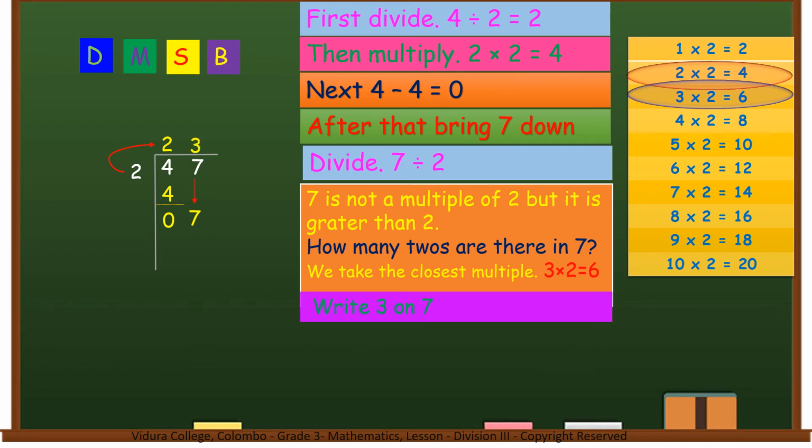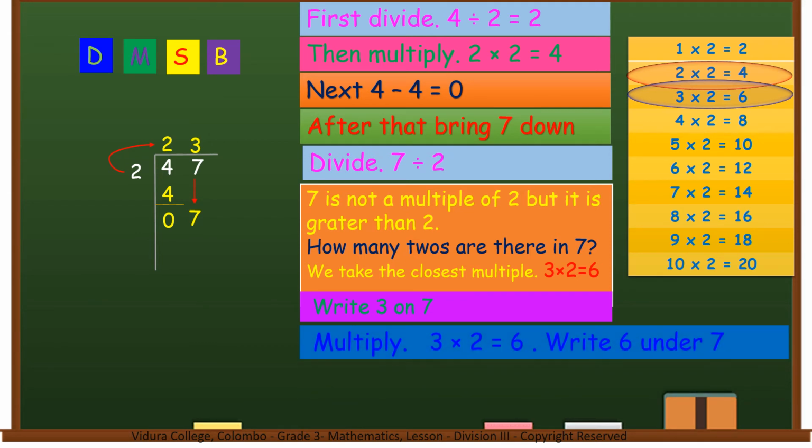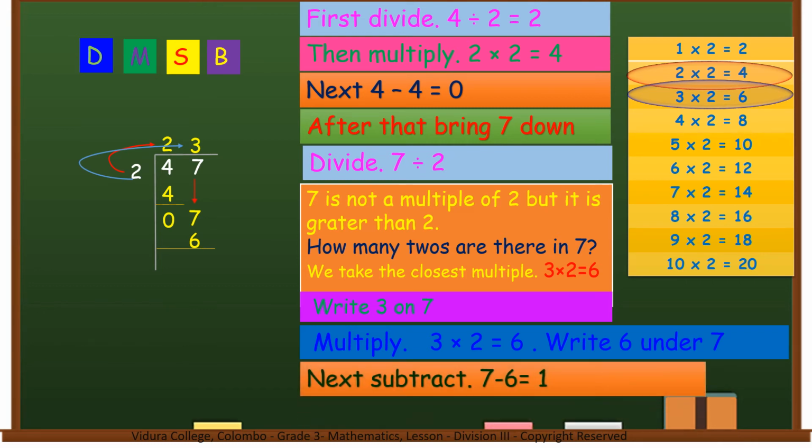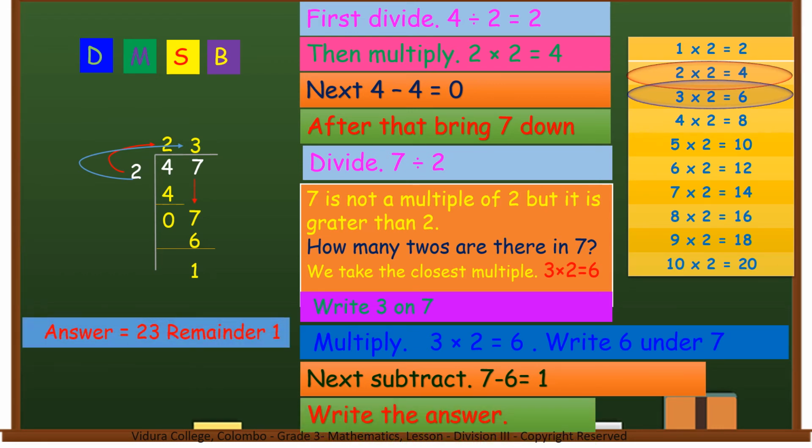Multiply. Multiply 2 and 3. 3 times 2 is 6. Write 6 under 7. Next, subtract. 7 subtract 6 is 1. Finally, you can write the answer. The answer is 23 and remainder 1.